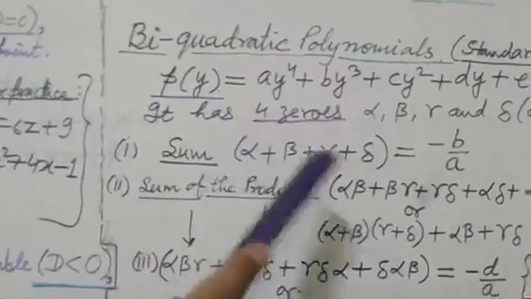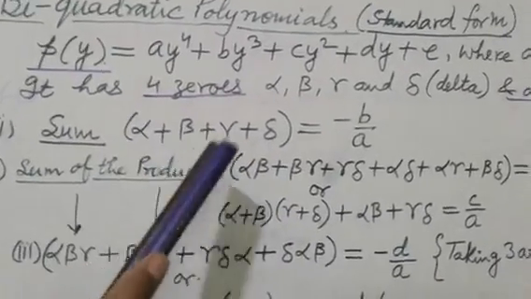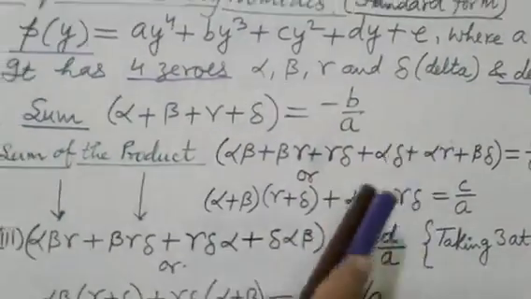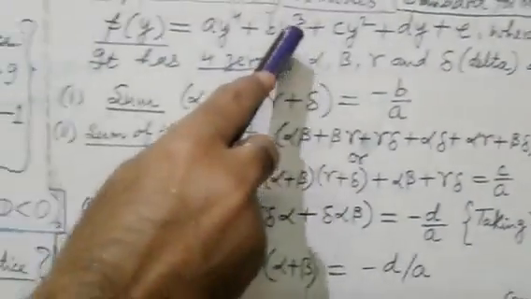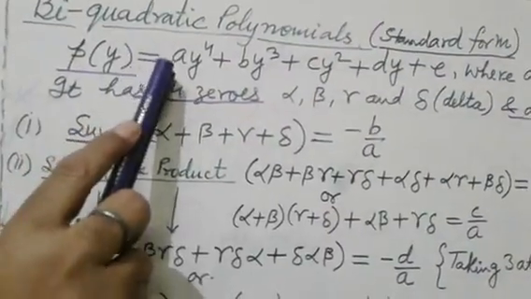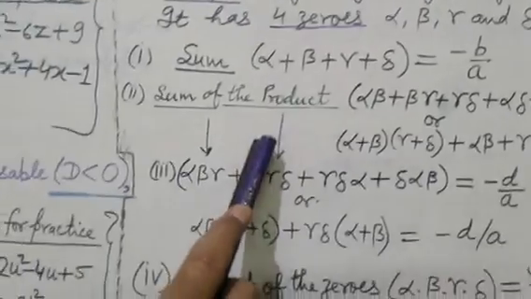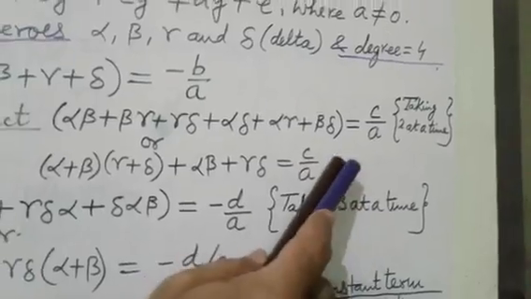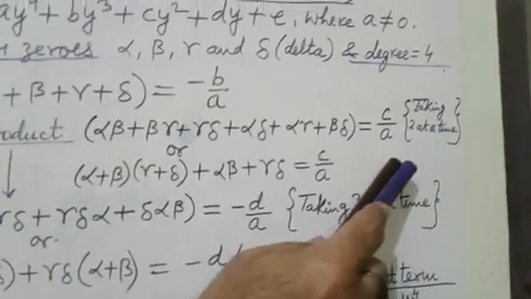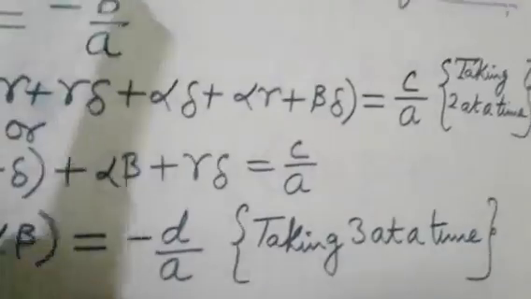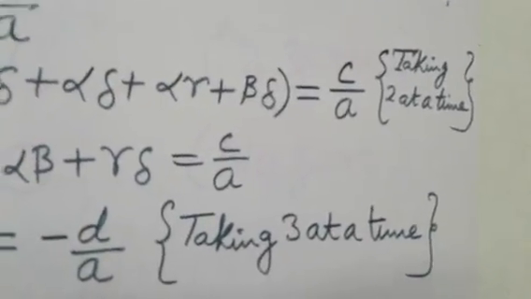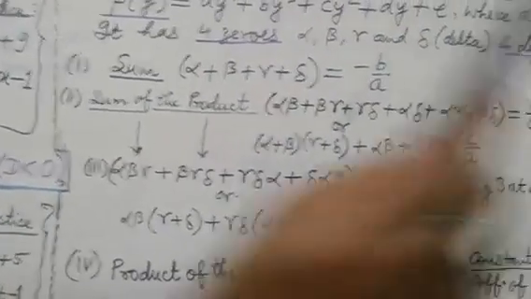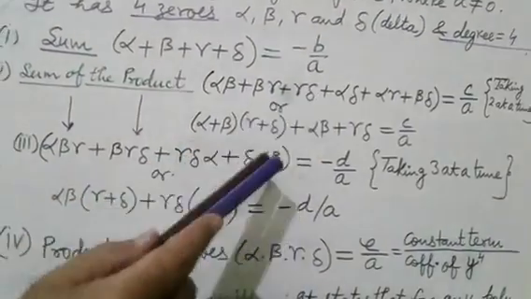The sum of all four zeros, alpha plus beta plus gamma plus delta, is equal to minus b upon a, where b is the coefficient of y cube and a is the coefficient of y to the power 4. The sum of the products taken two at a time, alpha beta plus beta gamma plus gamma delta plus alpha gamma plus beta delta, is equal to c upon a, where c is the coefficient of y square and a is the coefficient of y to the power 4. Got it?